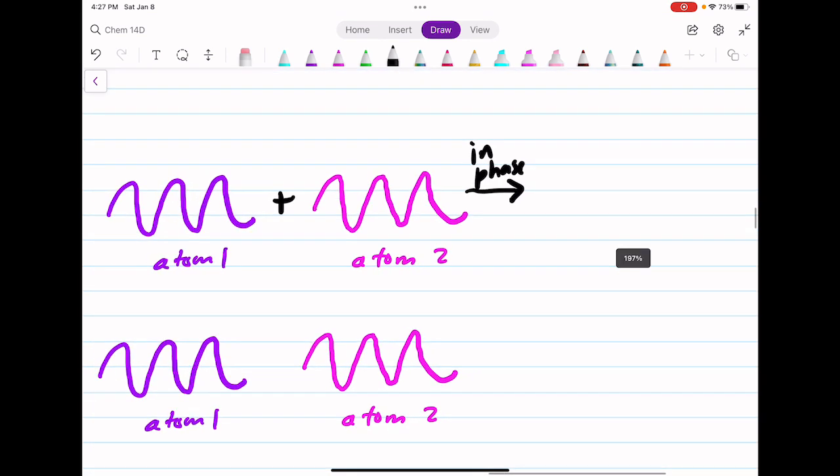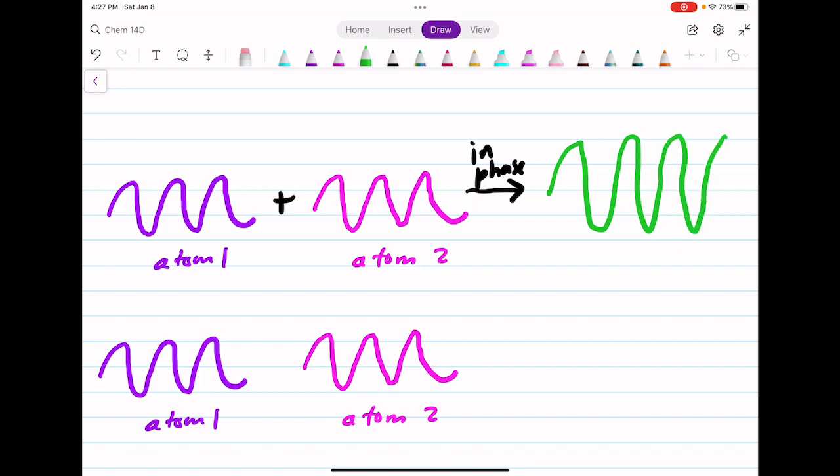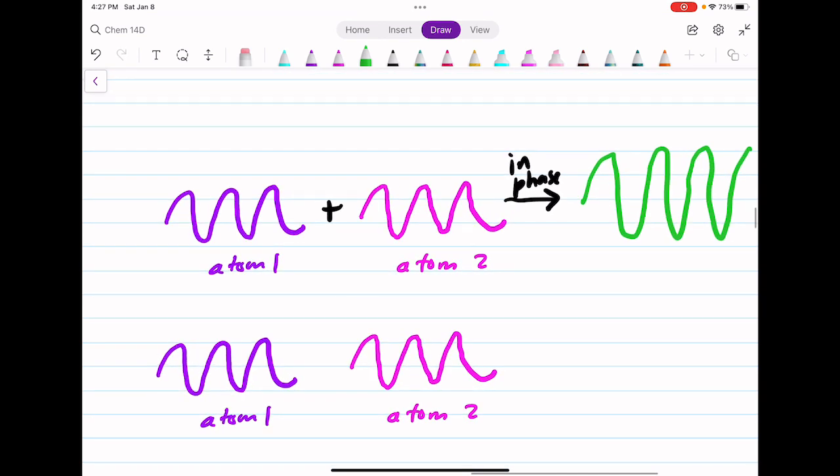So if I overlap these waves in phase, what I'm going to get is a combination of these two. I'll just use a third color here, green. That's going to be exactly double the height of the two individually. Right, so you can kind of see visually if I sum these two up in phase, I'm going to get all those peaks being twice as high or twice as low.